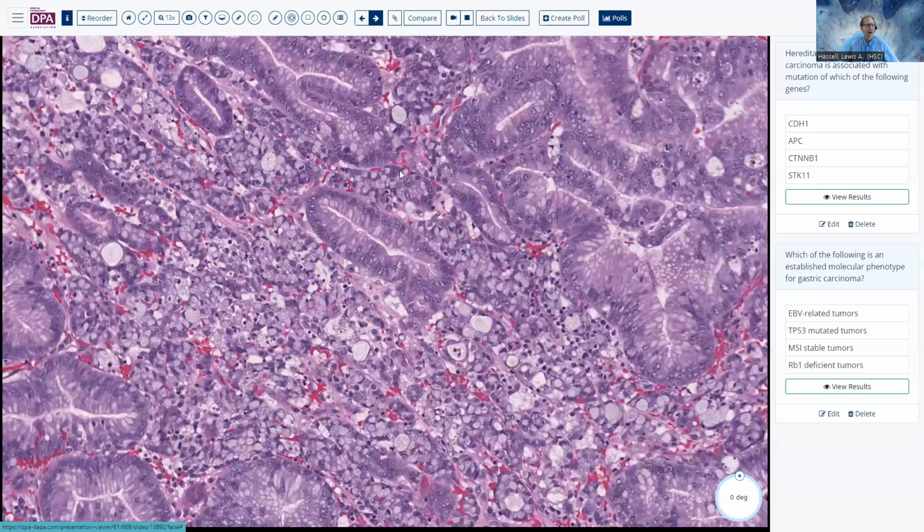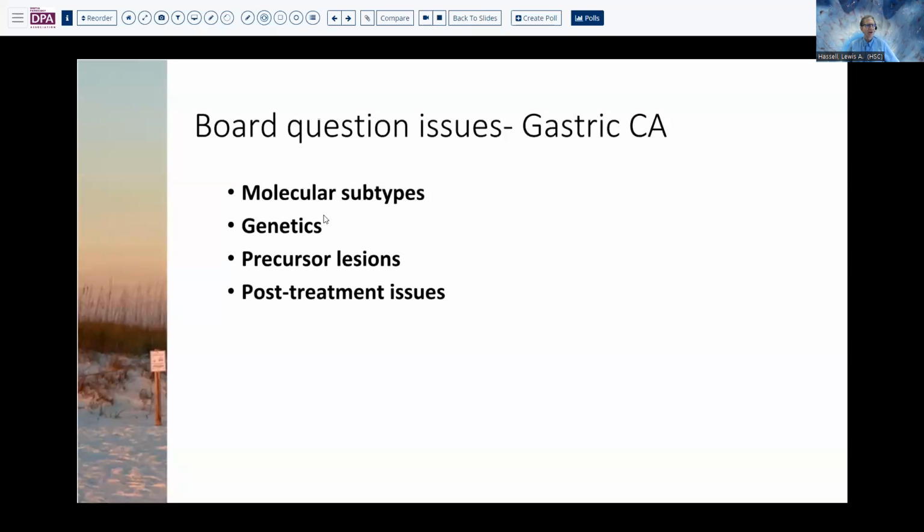So things about gastric cancer, molecular subtypes I've mentioned, the genetics associated with both Lynch syndrome as well as with CDH1. CDH1 is an autosomal dominant, it's important to remember, as is Lynch syndrome. The precursor lesions, the polyps, fundic gland polyps, the APC mutations can be a cofactor there as well.